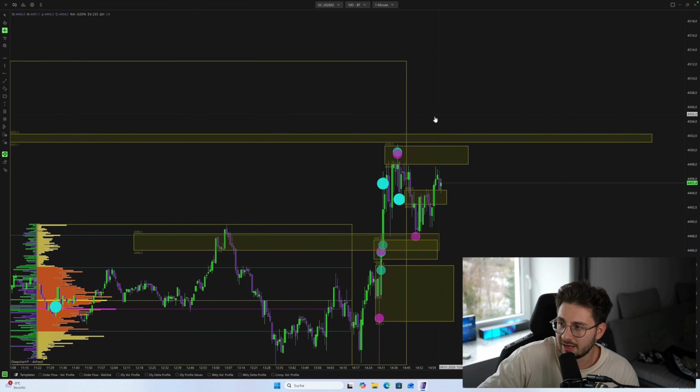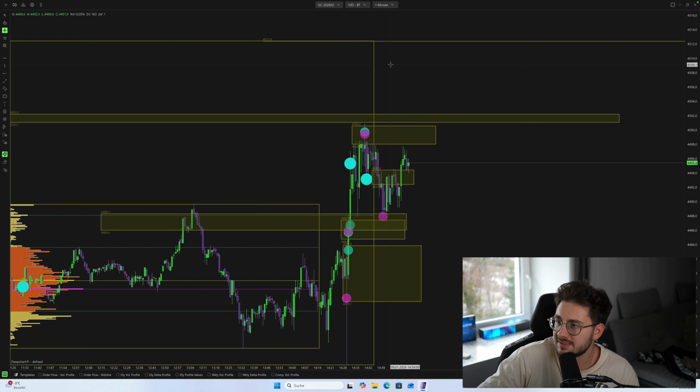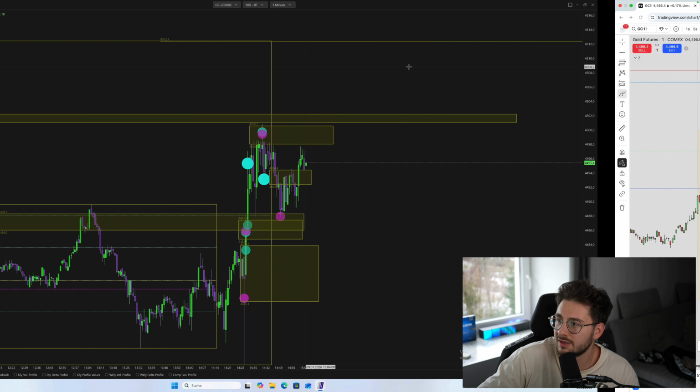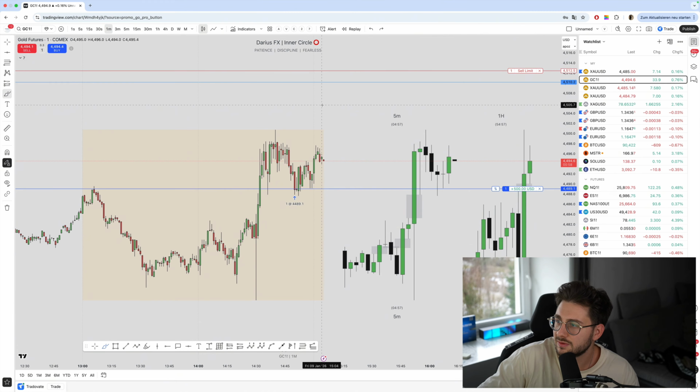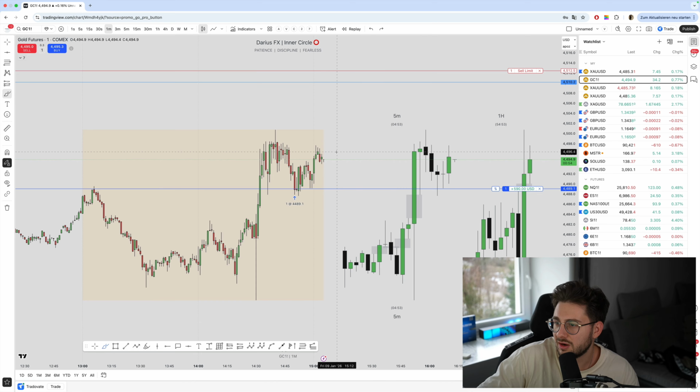That's what I'm expecting. I really expect after this break an explosion. And I would say at least till this high. At least till this high. Boom. Strong explosion. So that would be exactly our TP.